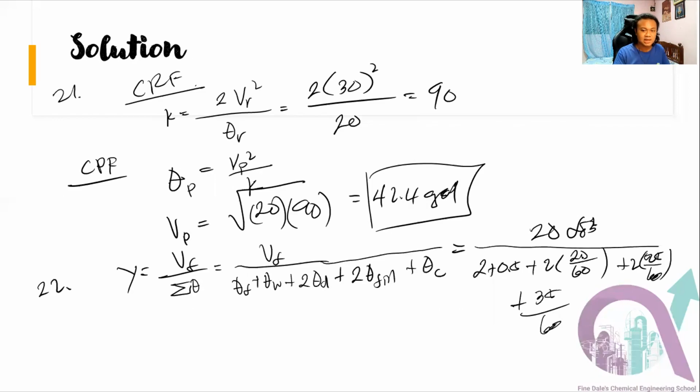So 35 over 60. So we have an answer, that's 4.4 cubic feet per hour.